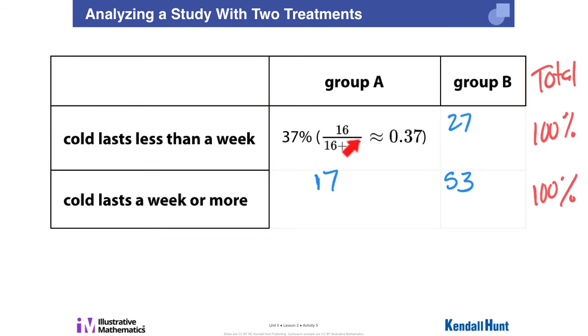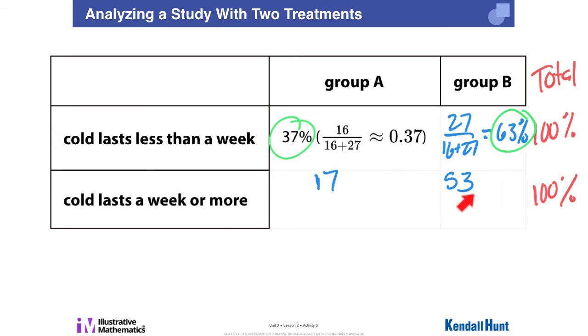That would be divided by the total of that row, so 16 plus 27. And I get 0.37, which is going to be a percentage of 37%. So over here, I'm going to divide 27 by 16 plus 27, the total of that row. You could write it as 43, that's fine. And we're going to end up with 63% right there.